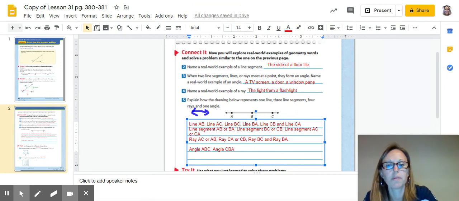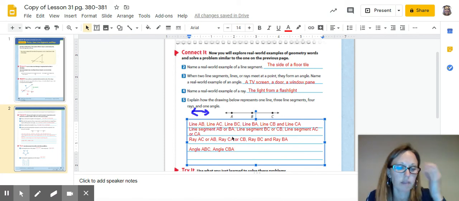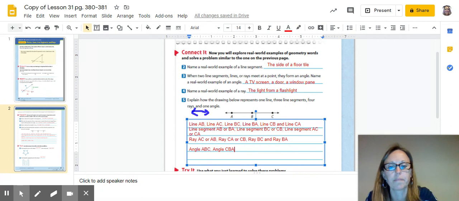So that is problem number 5. I know it can get kind of confusing to see all of those different parts, but hopefully by me explaining that, it helped you out a little bit.